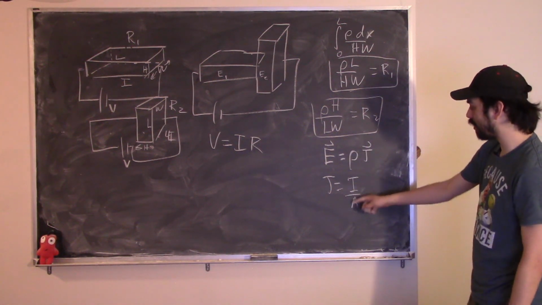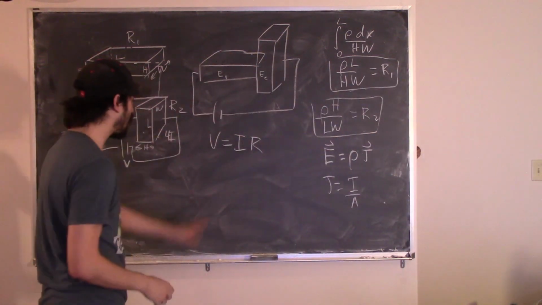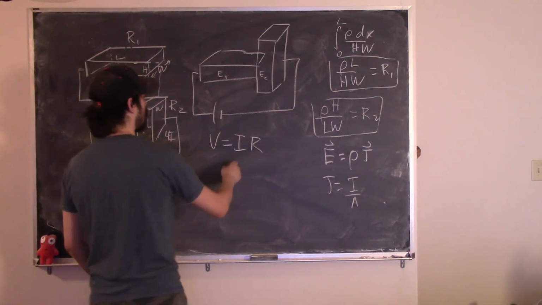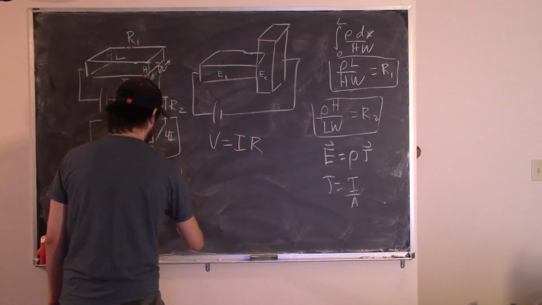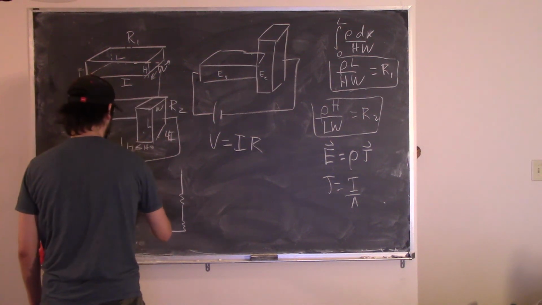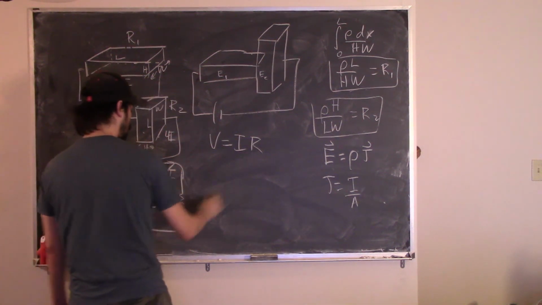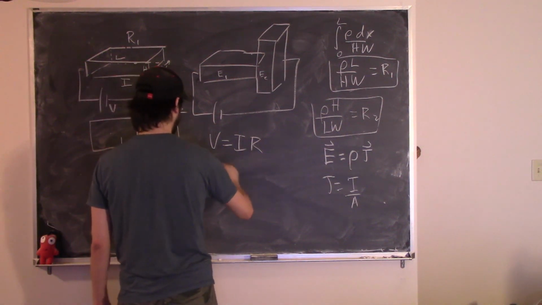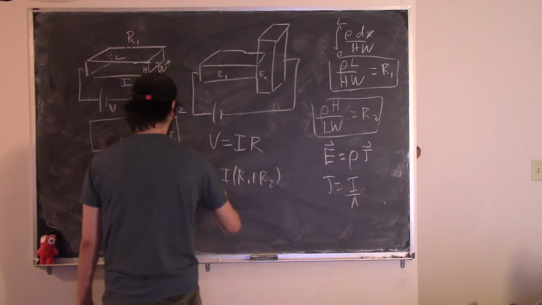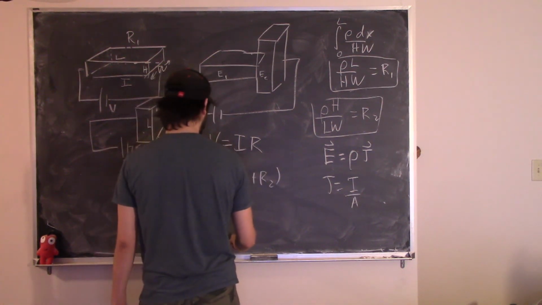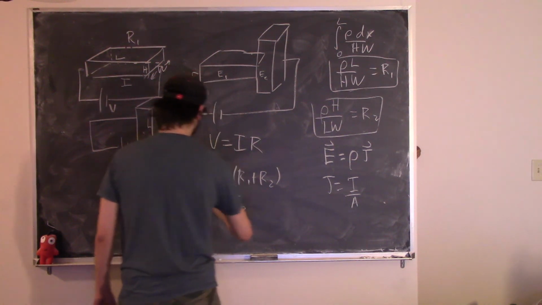So the area will be different, but the current is going to be the same. And so what I can do is find what the current is by saying that really this is just a system with resistors in series. I can do my loop, draw current. This says that V is equal to I times R1 plus R2. And so I is going to be equal to V divided by R1 plus R2.